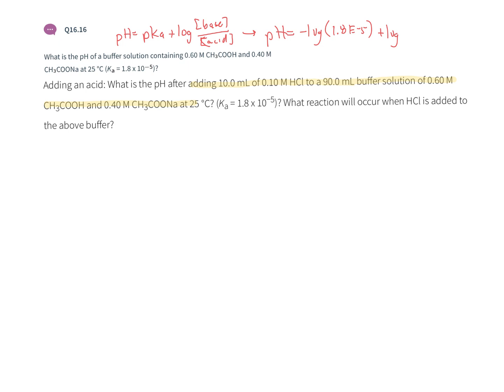The base is sodium acetate, so 0.4 divided by my acid, which is acetic acid, 0.6. The pH of this buffer, before adding anything to this solution, is approximately 4.57.